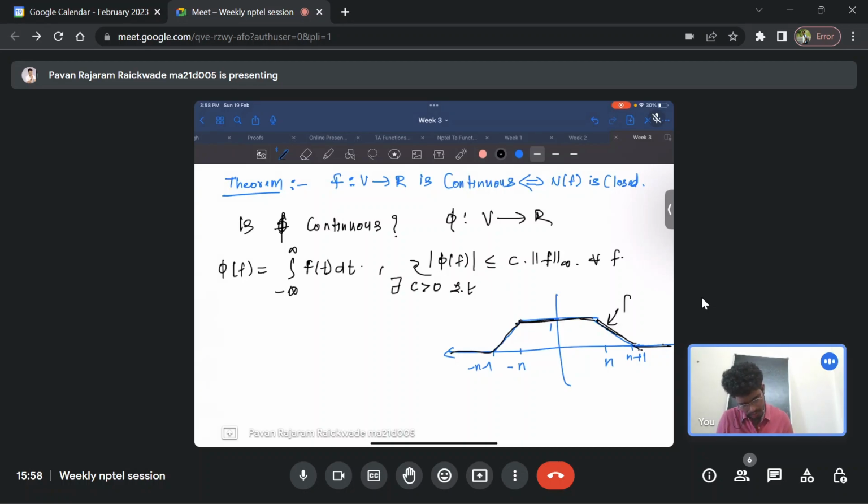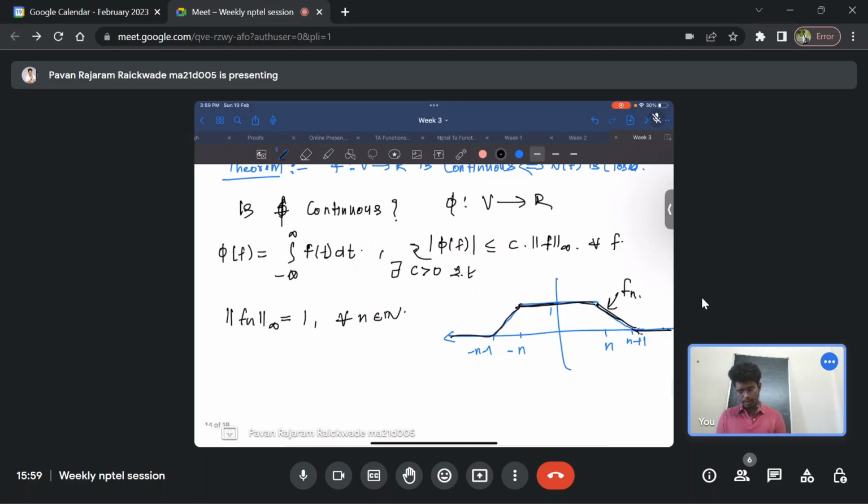Consider these functions fn. So what is norm fn? Norm fn infinity is 1 here for every n.